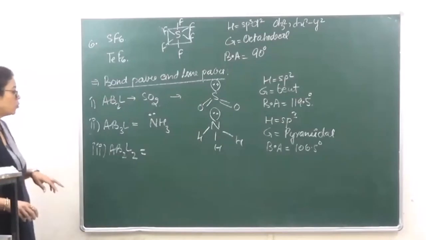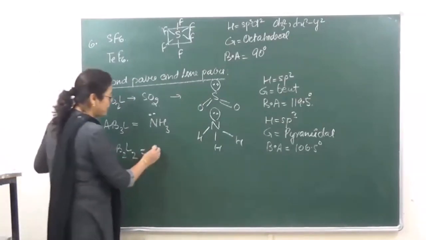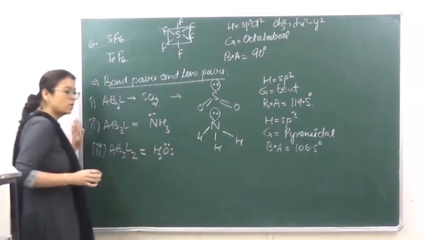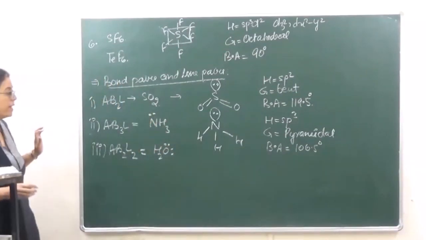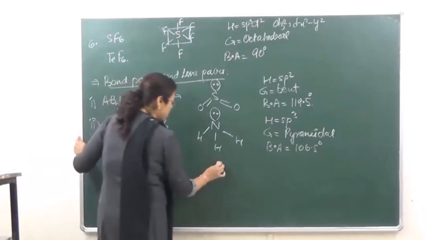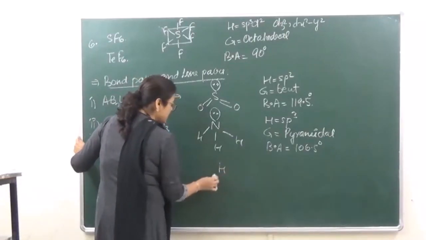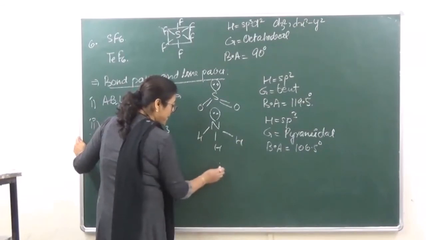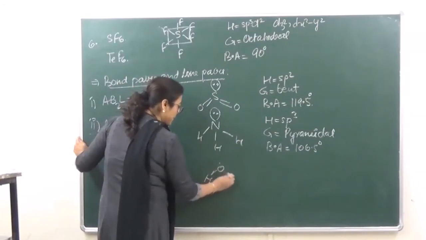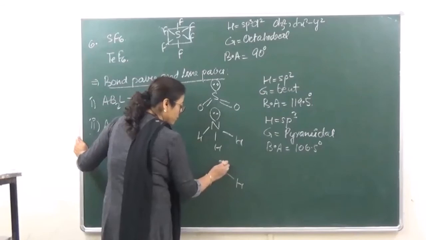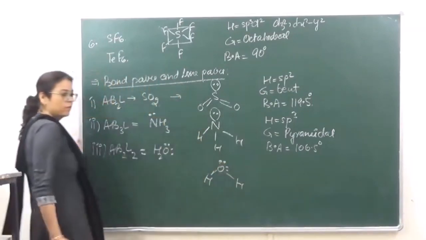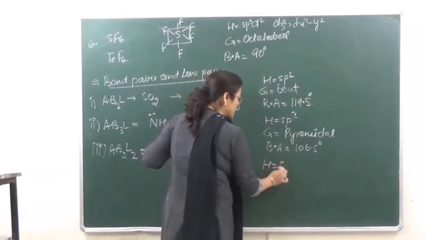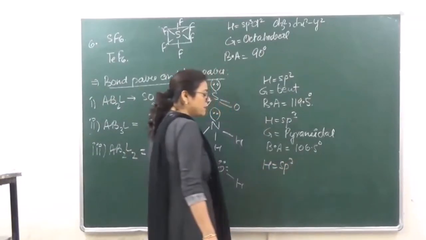Next we go to AB2L2. There are 2 bond pairs and there are 2 lone pairs. Example, we can take water. So here we have the structure of water. Now the hybridization in this case is going to be sp3.